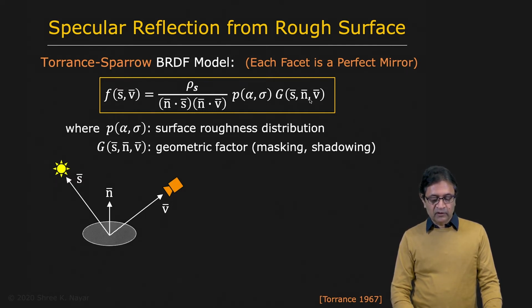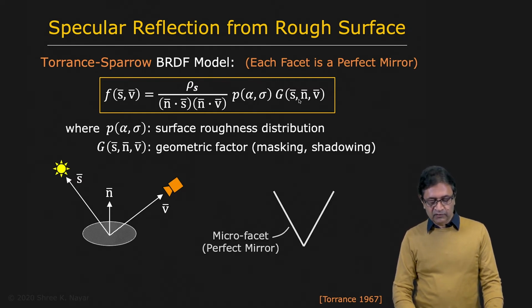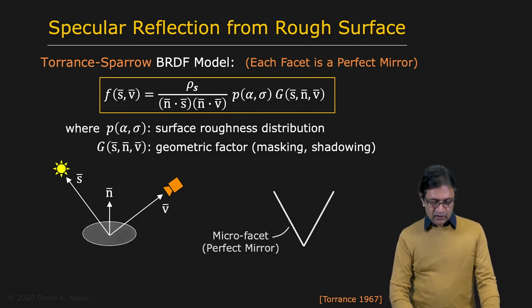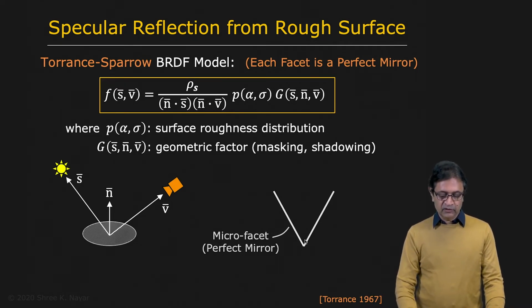And then you have this function called G. This G is called the geometric factor or geometric attenuation factor. And it takes into account various geometric effects that happen when you have a surface that's not flat. So imagine that you have a V groove that looks like this. You have two facets.